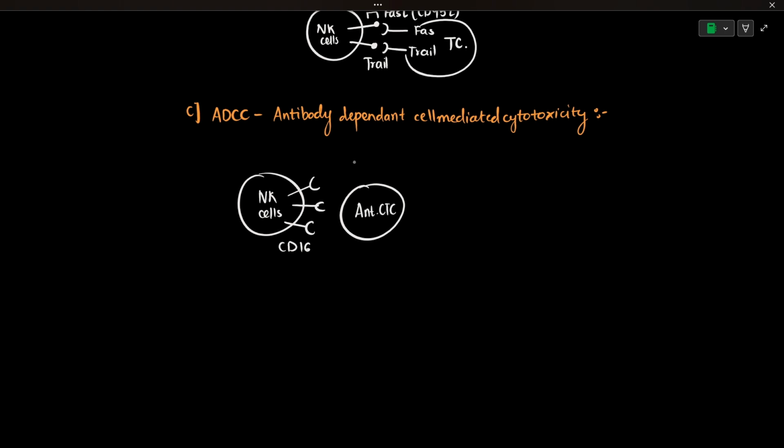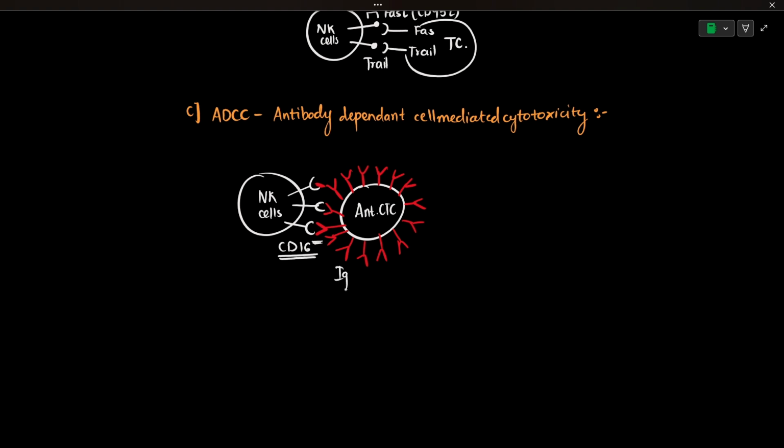This antibody coated target cell has antibodies on it, which are bound to the antigens, the proteins or the cell surface markers of this cell. So this will be received by the receptors present on the natural killer cell. They will interact, the antibody and the CD16 interaction.